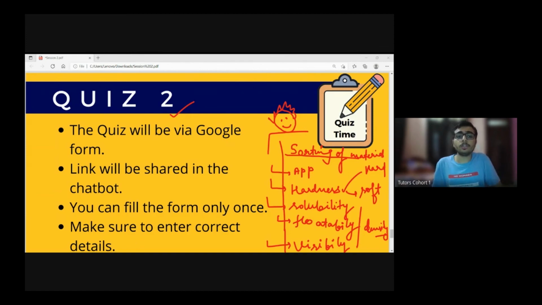For example, you will choose which class or which session you have studied today, whether it was class 6 science or class 6 maths. Then you will enter your name and how the session was, rating from 1 to 5. And if you have any other comments or feedback, you can write it there. That's again a very easy thing. Now I shall share it in the chat.